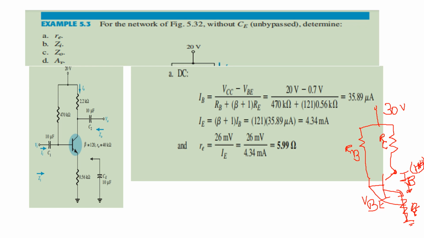And re is 26 millivolts upon IE. So this comes out to be this much value. So you have found out the value of re from DC analysis.